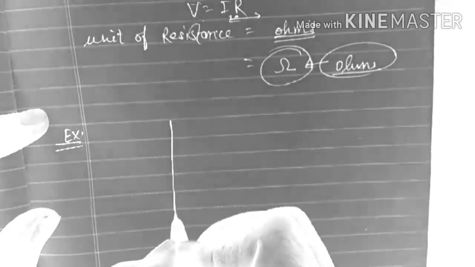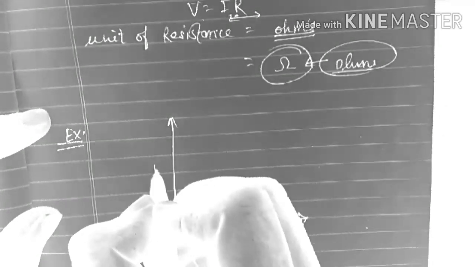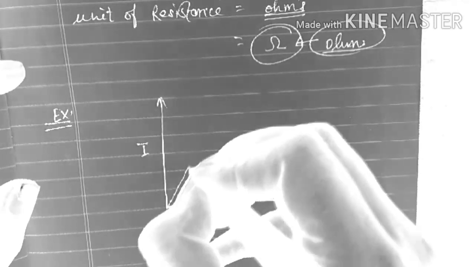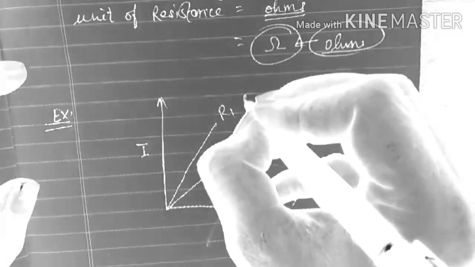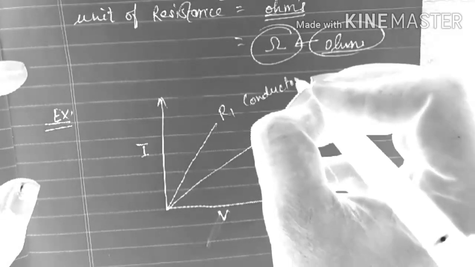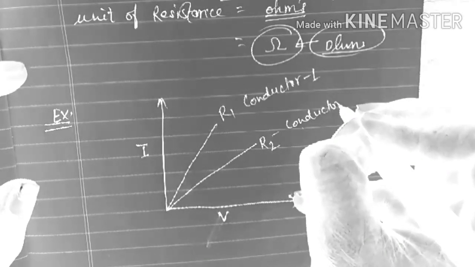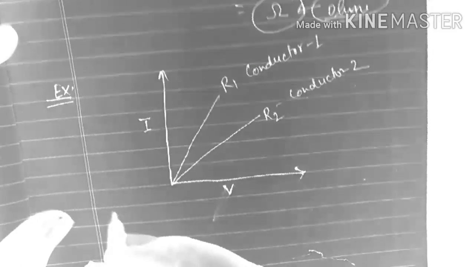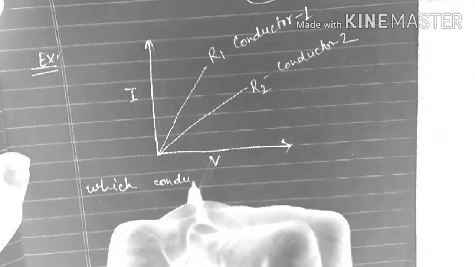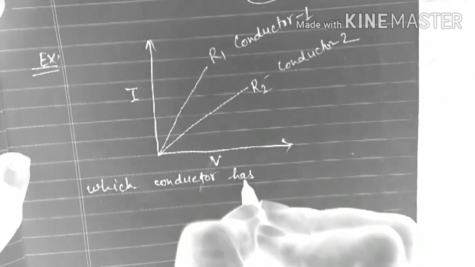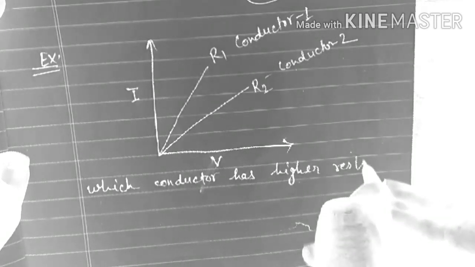We draw a graph of V and I, with two conductors, conductor 1 and conductor 2, that have resistances R1 and R2. The question is asking which conductor has higher resistance.